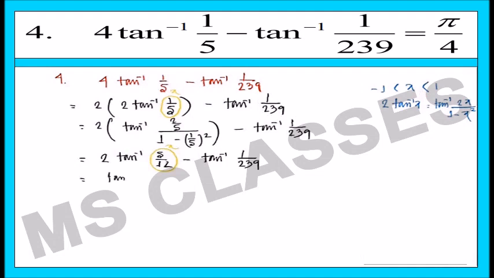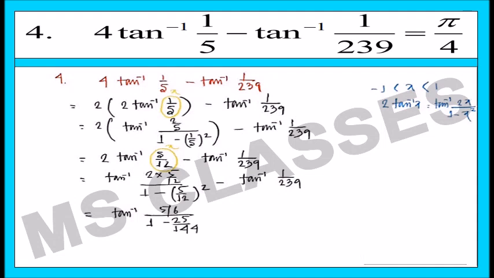Tan inverse of (2 into 5 by 12) by (1 minus (5 by 12) whole squared) minus tan inverse of 1 by 239. Now this gives us what? Tan inverse of (5 by 6) by (1 minus 25 by 144) minus tan inverse of 1 by 239.